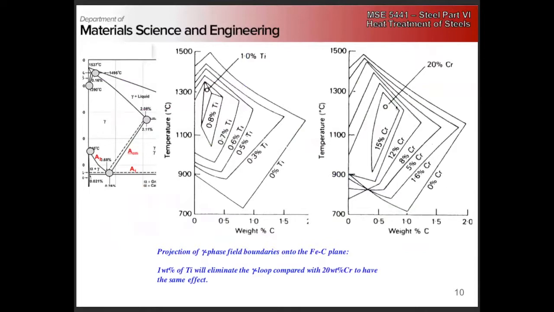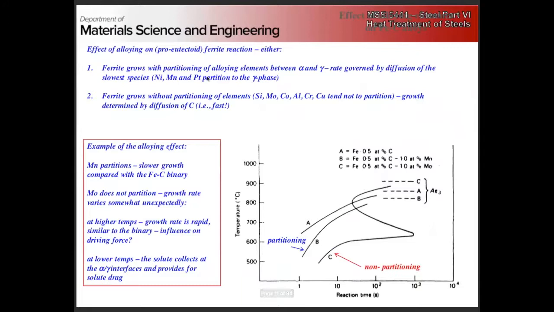For chrome, you need 20% to do that, to shrink it down to essentially a point on the phase diagram, right? So these group 4 metals, zirconium's even more potent, right? Significantly less than 1% zirconium will remove it.